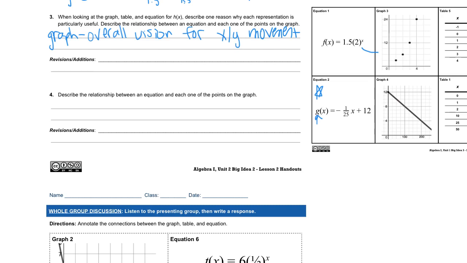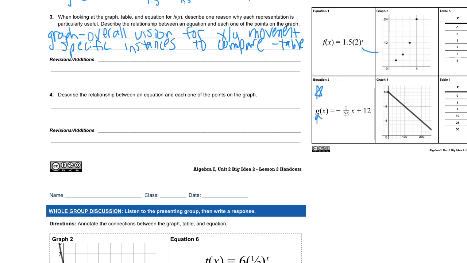The table of values, you can see specific instances to compare. And that's the table. If you needed to find the rate of change and you didn't remember how to do that with an equation, or it's not nearly as easy with a graph, you'd be able to multiply, divide, add, subtract between your y values to see what your rate of change is using a table.